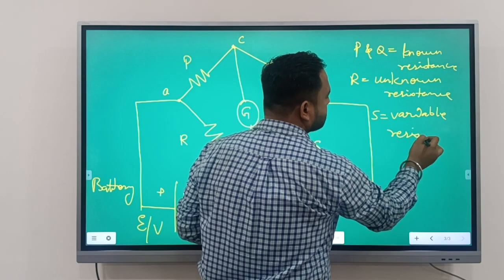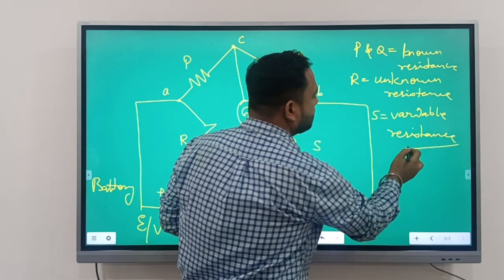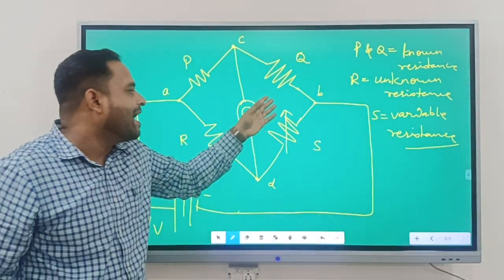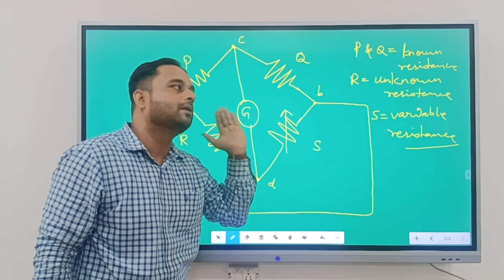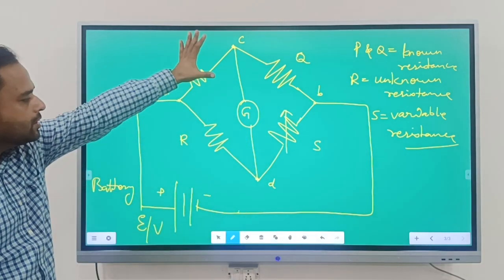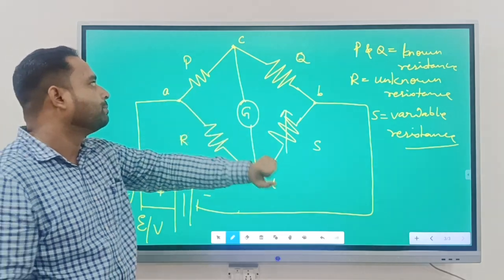That means we can vary the resistance of this particular resistor. This is the variable resistor. This is the circuit of the Wheatstone bridge.